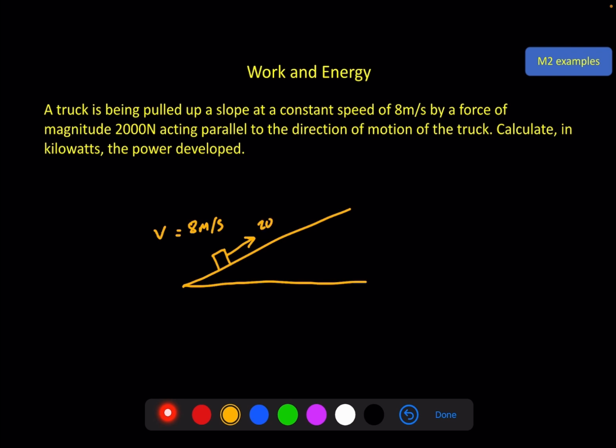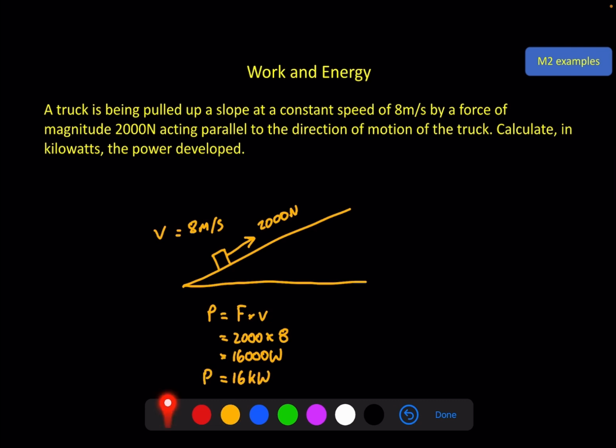The force doing this is 2000 newtons parallel to motion. Calculate in kilowatts the power developed. Power is force times velocity. So we've got 2000 times 8, which is 16,000 watts, which is 16 kilowatts.